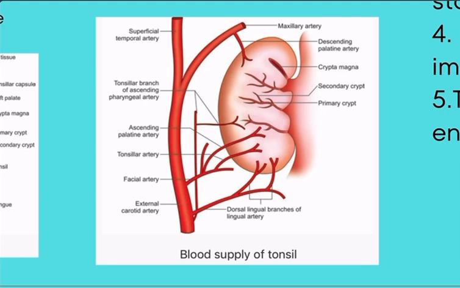From the lingual artery, we have the dorsal lingual artery. From the facial artery, we have two branches contributing to the blood supply of the tonsil: the tonsillar branch of the facial artery and the ascending palatine branch of the facial artery. From the ascending pharyngeal artery, we also have a tonsillar branch.